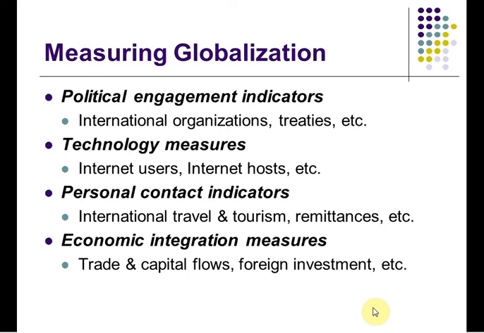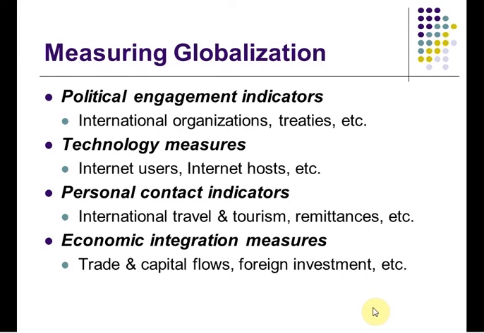So the slide shows some different ways of thinking about measures of globalization. The one thing to keep in mind is that not everybody is globalized at the same level or to the same degree. Here in the United States, as we have a higher connection to technology, our level of globalization is much higher.